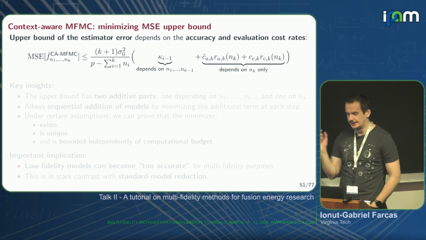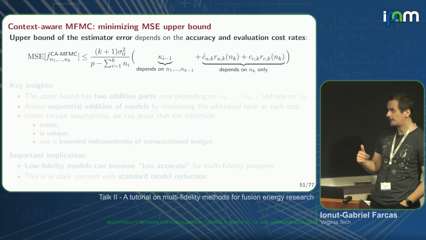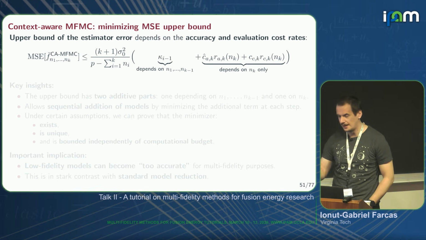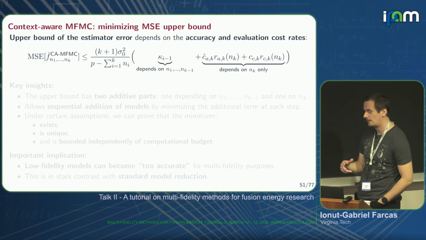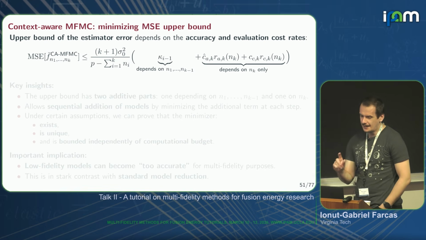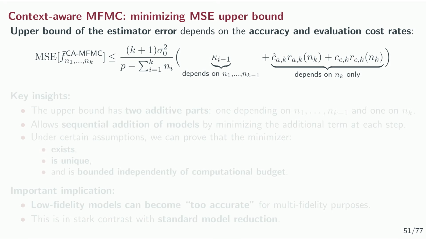This in itself is not important. The important thing is that, A, we have an upper bound that depends on the rates, which can be obtained easily by applying two inequalities. And also, we have this sequential structure built in, where, inductively, the previous k minus 1 steps are separated from the current step, the kth step.